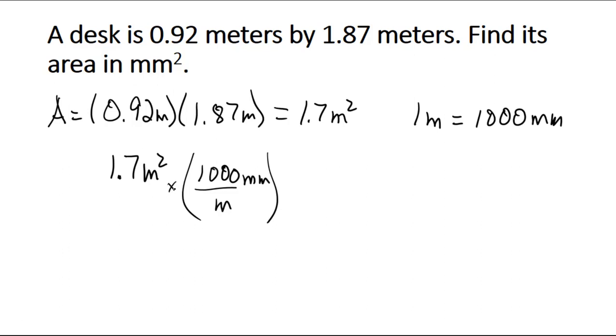Now if I just multiply it by that, I'm going to have a problem, and that will happen when I divide the meters squared by the meters down here, because meters squared divided by meters, m squared over m, is just meters. I won't have completely gotten rid of the meters.